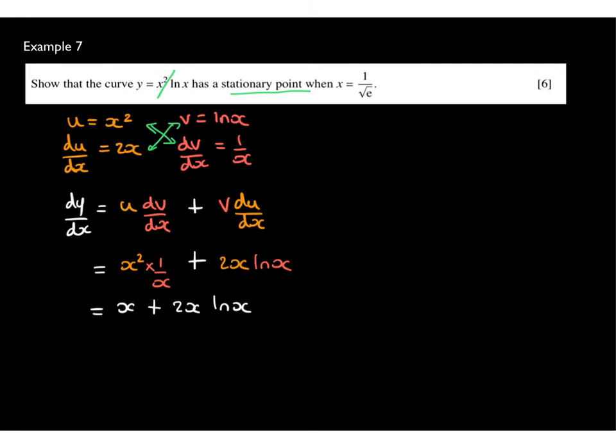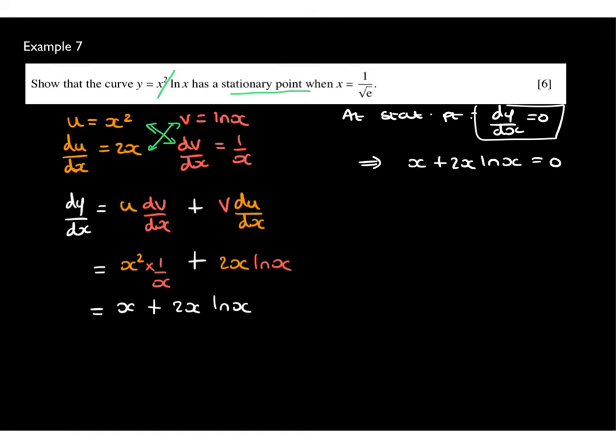Now, at the stationary point, we know dy by dx is equal to 0. So this then tells me that x plus 2x ln x equals 0. Factorise, 1 plus 2 ln x equals 0.